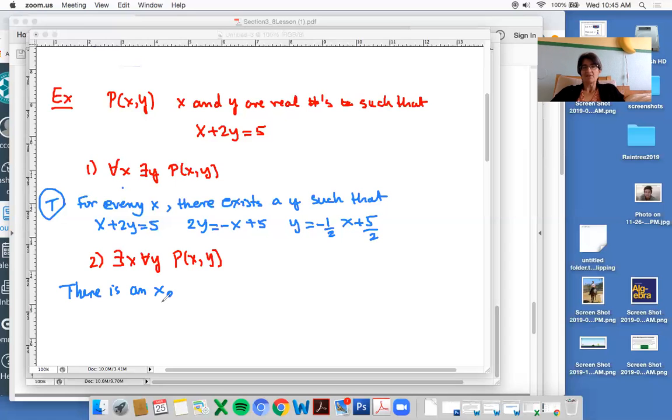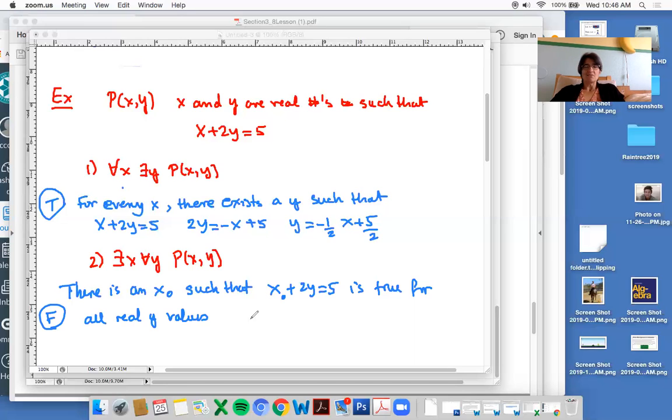It's not a variable anymore, just a particular value of x such that x plus 2y equals 5 is true for all real y values. We can see that this is false because there is no value of x that will make this statement true for every single value of y.